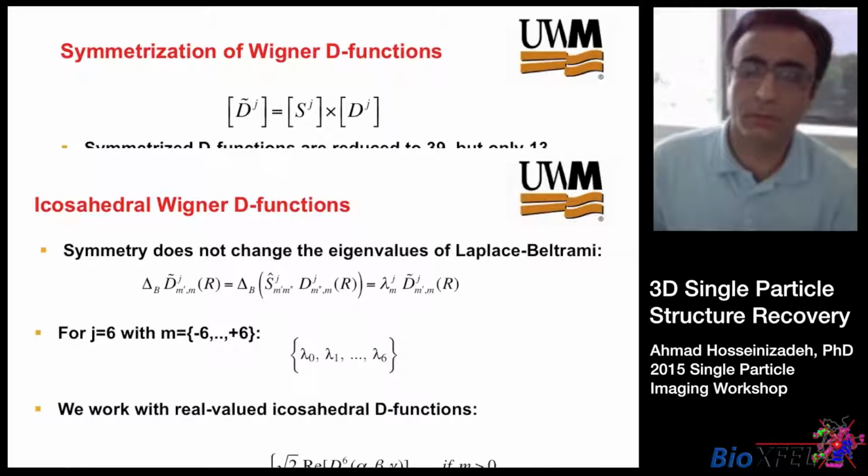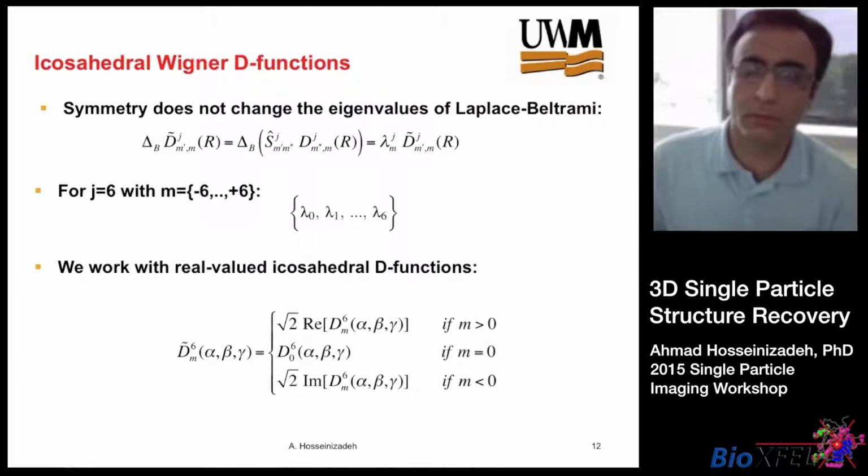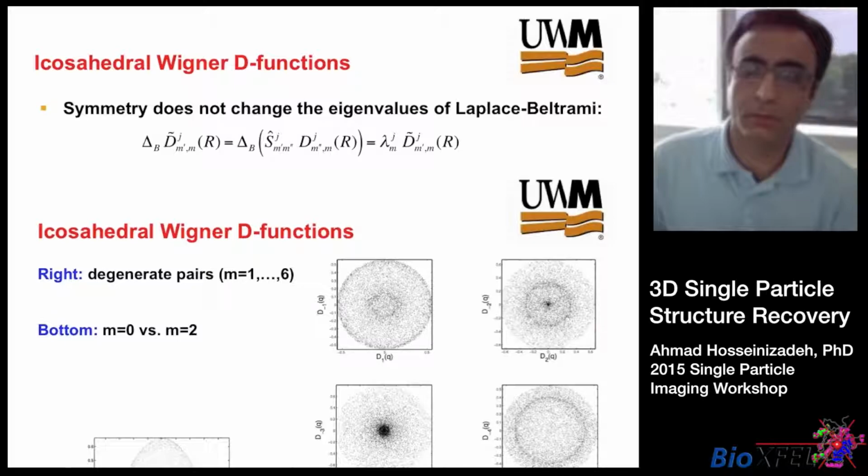And here we have 7 eigenvalues because we have 6 degenerate pairs and 1 singlet. In reality, in the case of diffusion map, we are facing real eigenvectors. And here we have to make real-valued D functions because they are complex. This is the way we do it, and you have seen it in quantum mechanics too.